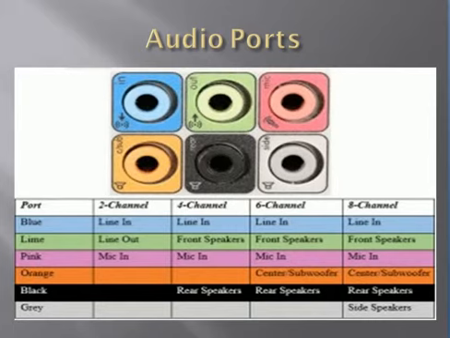A 6-connector system is included on the majority of computers for audio out as well as microphone connection. The 6 connectors are color coded as blue, lime, pink, orange, black and grey.